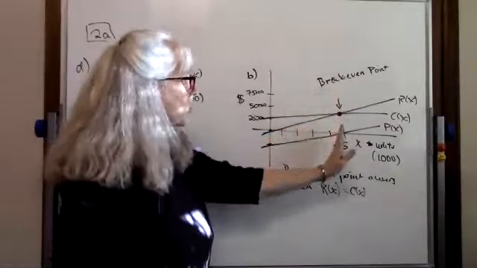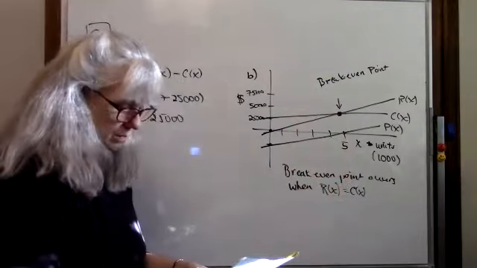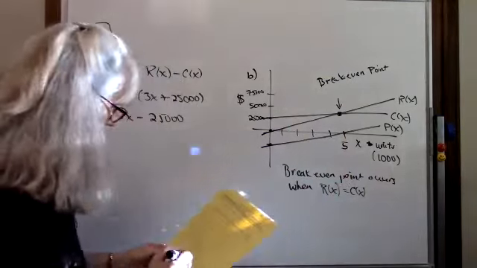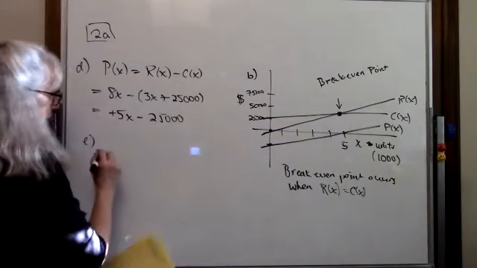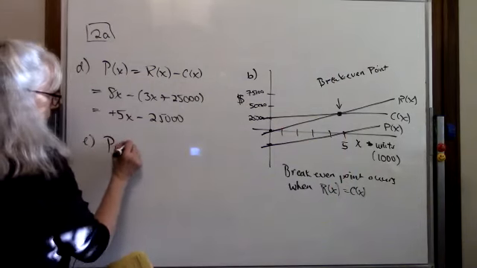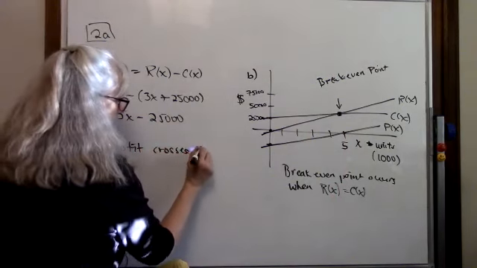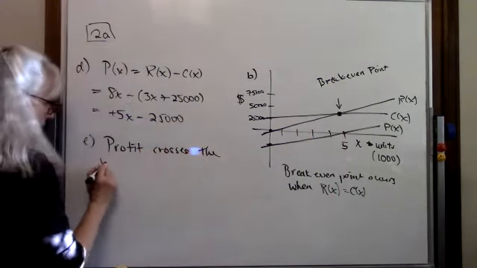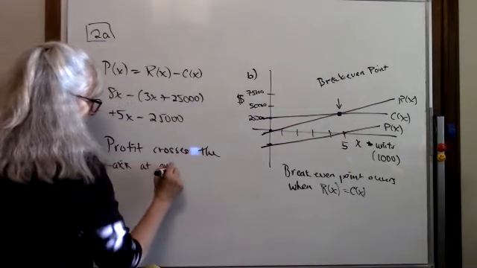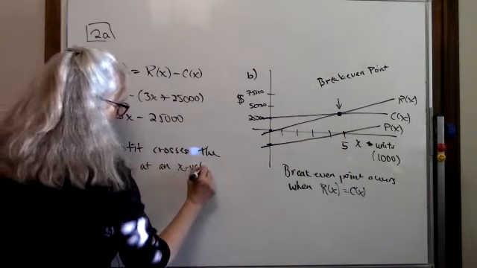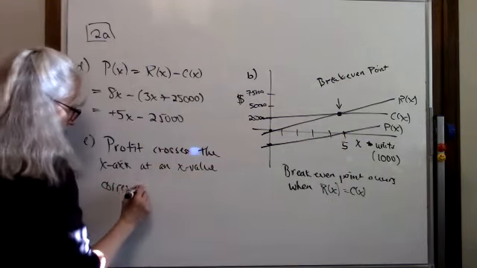Part E is trying to make sure that makes sense to you because it's asking at what point does the graph of the profit function cross the x-axis. So the profit function crosses the x-axis at an x value corresponding to the break-even point.